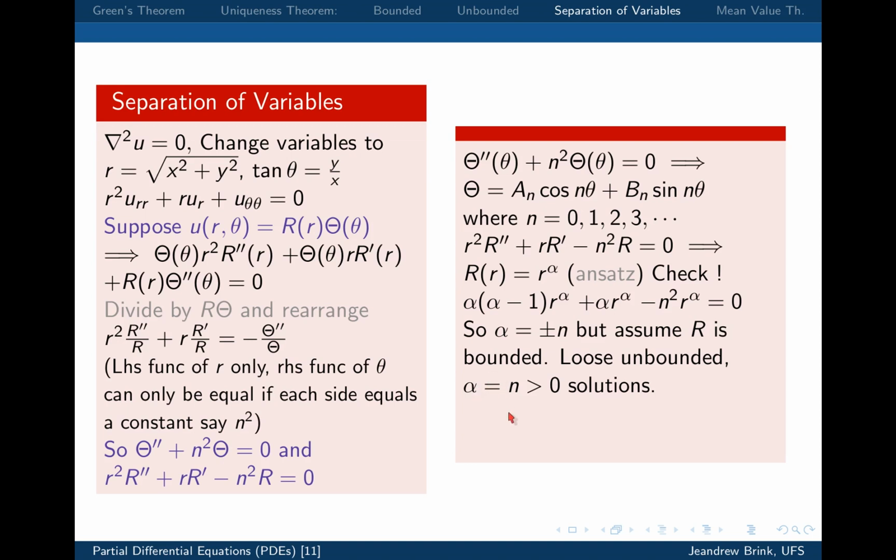I'm going to assume that my solution is bounded, and throw away all the other solutions. And so I'm basically going to have alpha taking on values 0, minus 1, minus 2, etc.